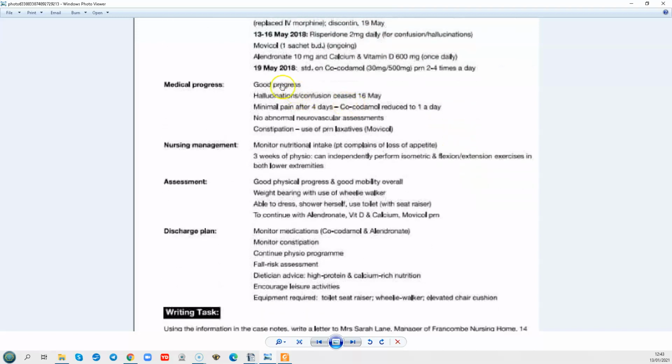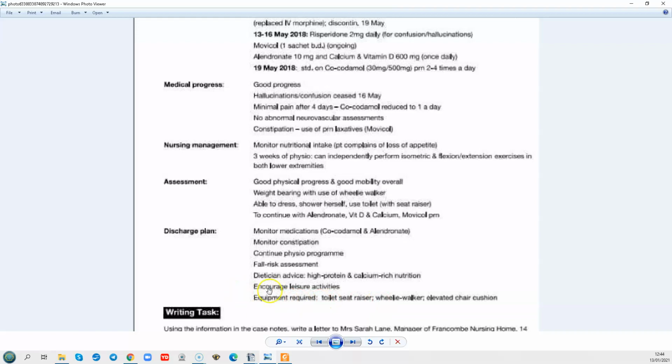What we want to know is all this. So hallucinations have ceased. Okay, her pain's gone down. She needs to use laxatives. Okay, they would need to know that. They would need to know how she can move, what's her progress, what special equipment. She needs a toilet raiser, a walker, and so on.